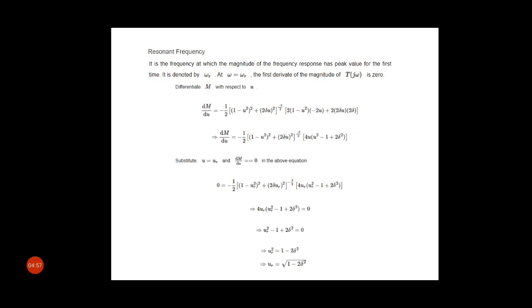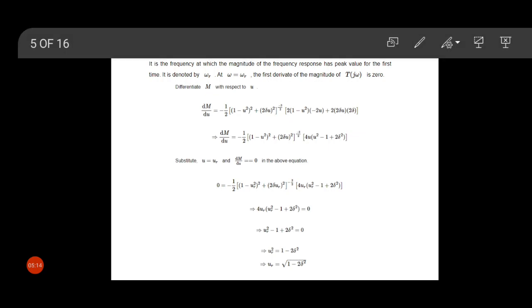Then our equation will be like this. In this equation we put u equal to u_r and dM by du equal to 0.